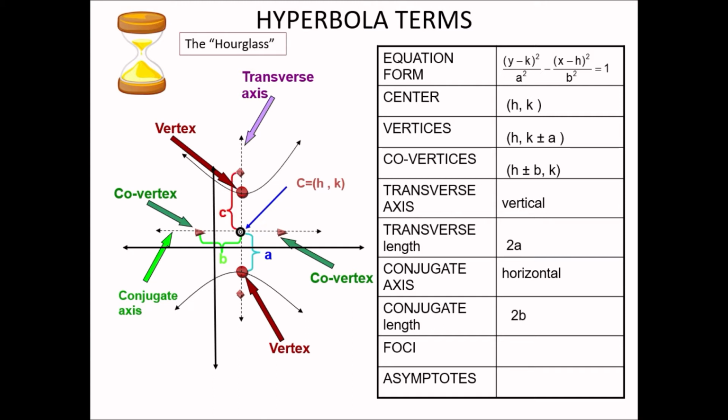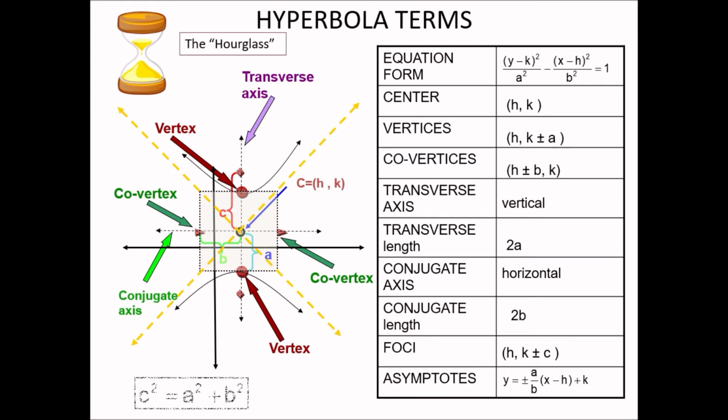Yung foci natin, the same din siya, but the coordinates are h, k plus or minus c. Same din yung gagamitin natin for c na formula, which is c squared is equal to a squared plus b squared. Now, the equation for asymptotes is y is equal to positive or negative a over b times the quantity x minus h, plus k.